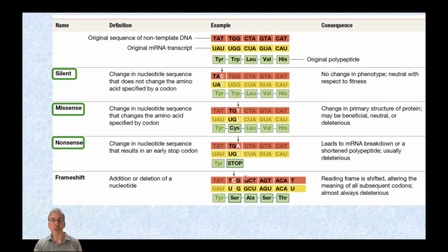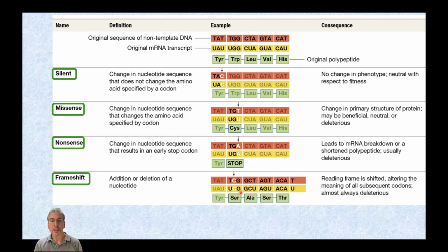The other one we'll mention here is a so-called frame shift mutation. Frame shift mutations essentially happen when you either insert an extra base, like we see here, and now our whole sequence is one base longer, or you can also have a base be removed. In that case, the whole sequence would be one base shorter. The implications could be pretty dramatic, because what that does is offset your reading frame.